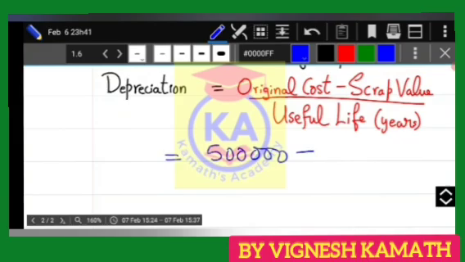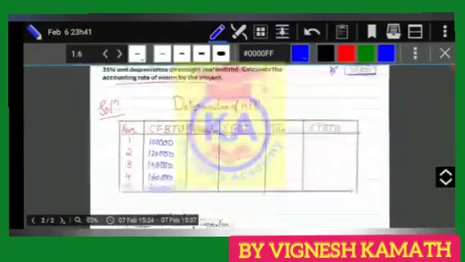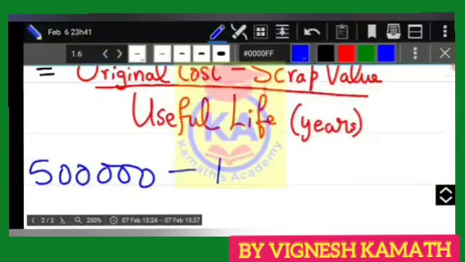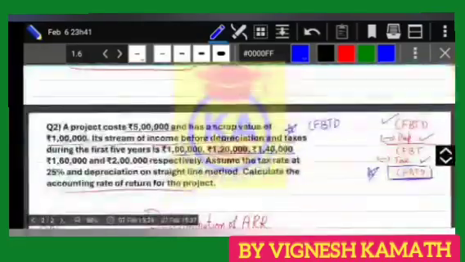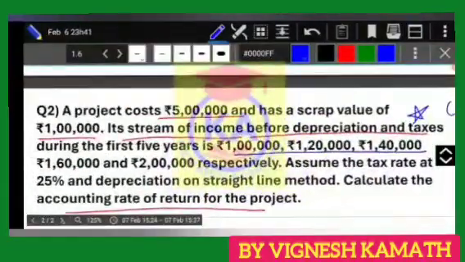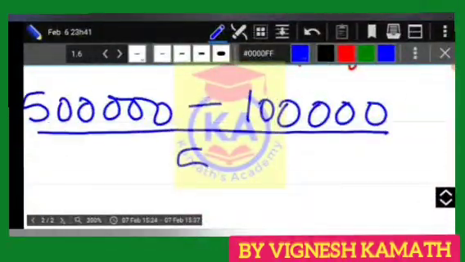less the scrap value. Rupees 1 lakh is the scrap value. 5 lakh minus 1 lakh divided by useful life. Useful life is given here as the first 5 years, so useful life is 5.